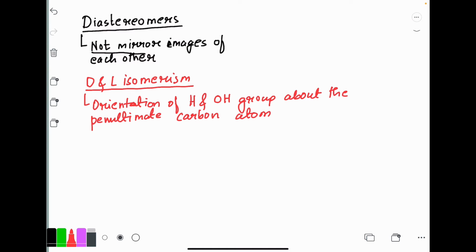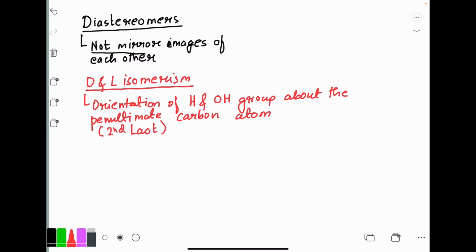Penultimate basically means second last. Sorry for the typo, I'm typing really fast. Second last.